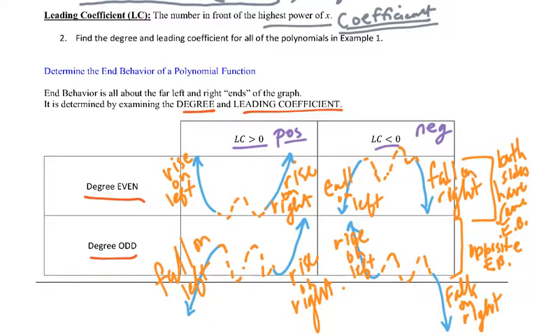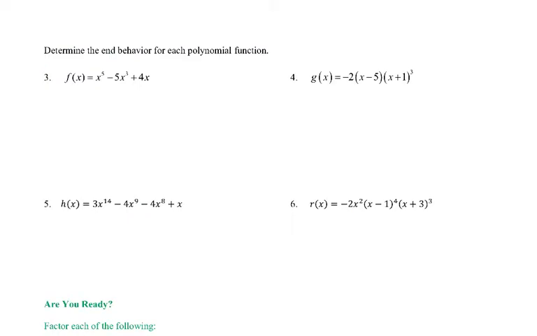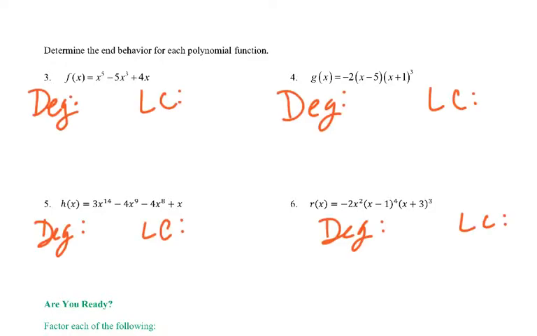All right, we're going to go ahead and determine the end behavior for each polynomial. We're going to base that just on looking at the degree and the leading coefficient. So I'm going to set each of these up to determine what my degree and my leading coefficient are, and then from there, we'll determine the end behavior. For the first one, number 3, this is a 5th degree polynomial because the highest power is a 5.